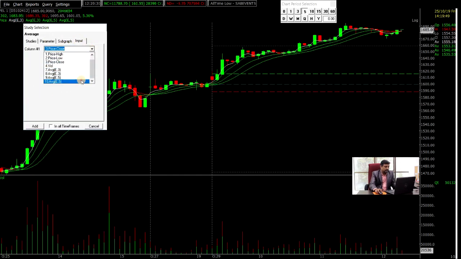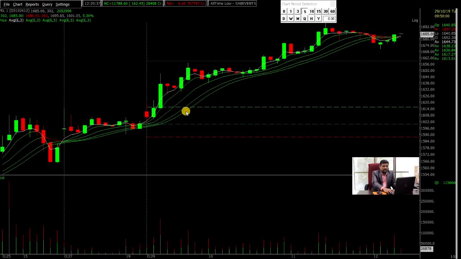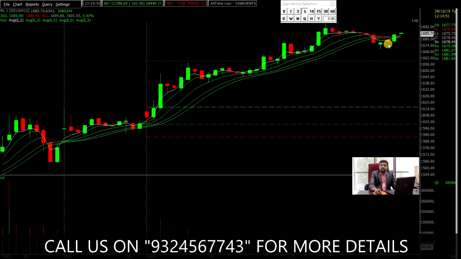With the help of this 5 layer, intersection of all these moving averages upside will form a perfect buy signal, and intersection downside of all these moving averages will form a perfect sell signal.